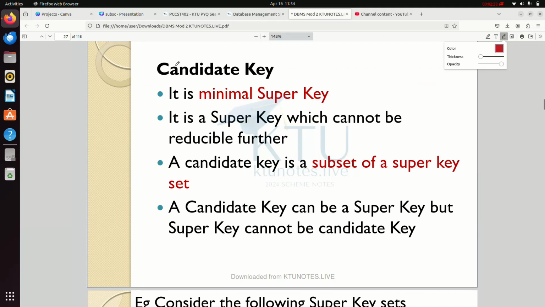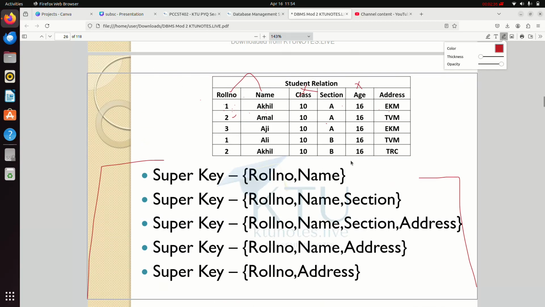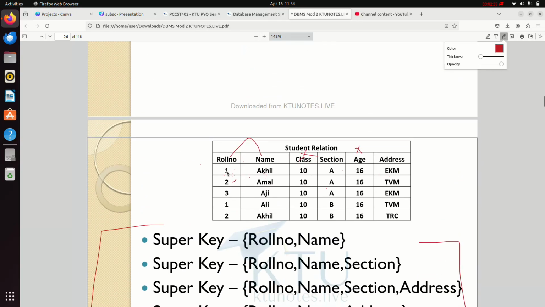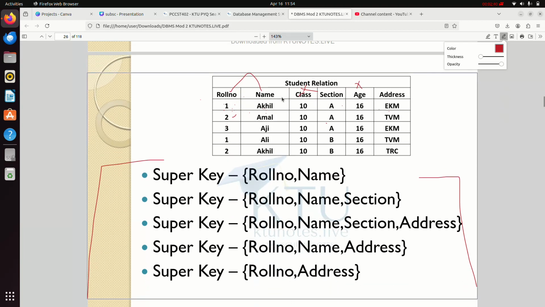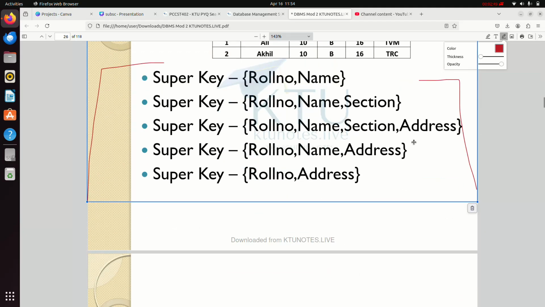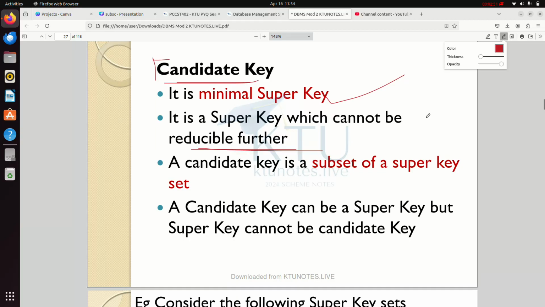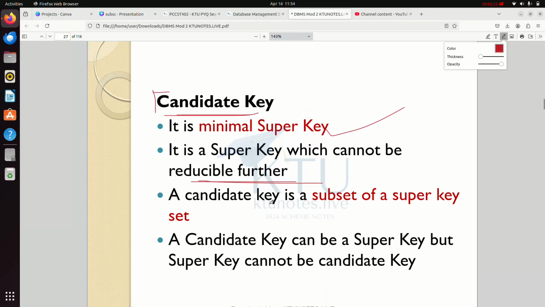Now a candidate key is a minimal super key. It is a super key which cannot be reduced further. If you consider roll number alone, we cannot take it because some students have the same roll number, 1 and 1. So roll number and name together should be taken. That is the minimal super key which cannot be reduced further.